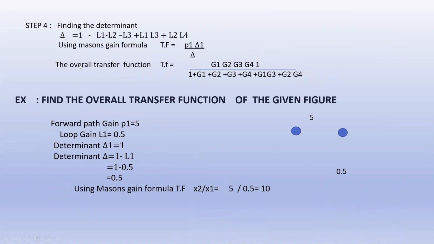Moving on to the next step, we have the total determinant of the signal flow graph, which using Mason's gain formula is 1 minus the sum of individual loops plus the sum of products of non-touching loops.